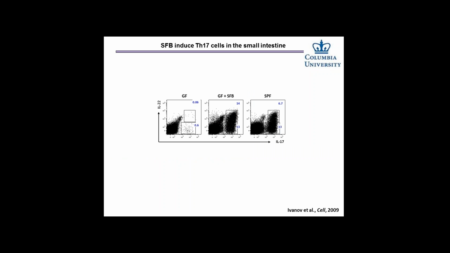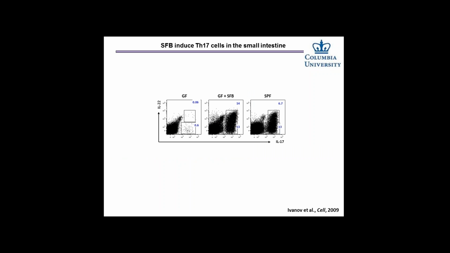Again, in order to prove that this bacteria is the one causing the effect, in our case Th17 cells, to fulfill these Koch's postulates, we needed to colonize germ-free mice with a purified culture of the bacteria. Again, as I mentioned, SFB are unculturable. At least at the time, they were not culturable.